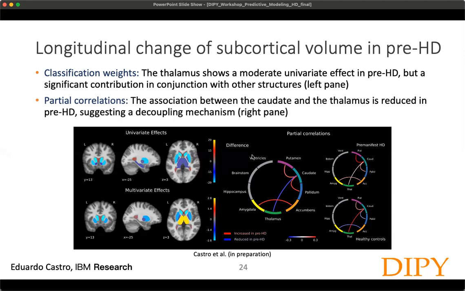And the big plot to the left is the difference, the directionality. Blue means that there's a reduction in pre-manifest HD, and red means that there's an increase in the partial correlation between two structures in pre-manifest HD.